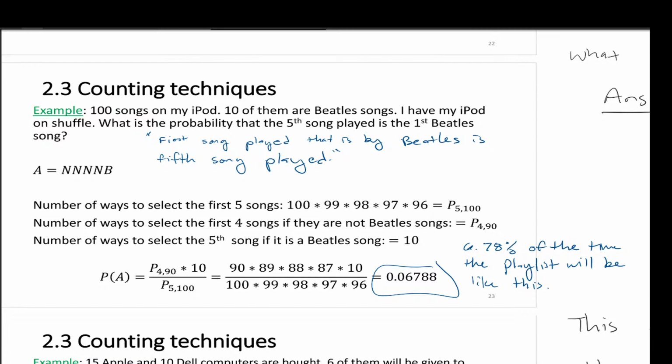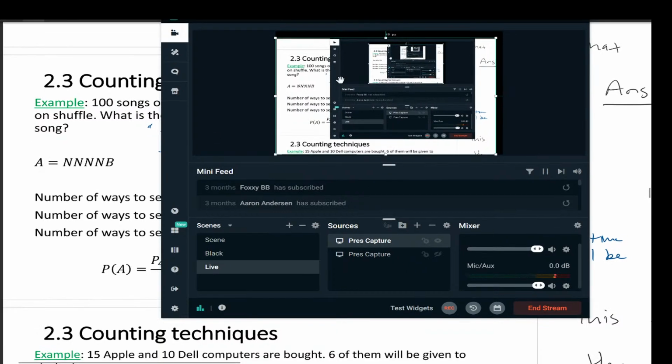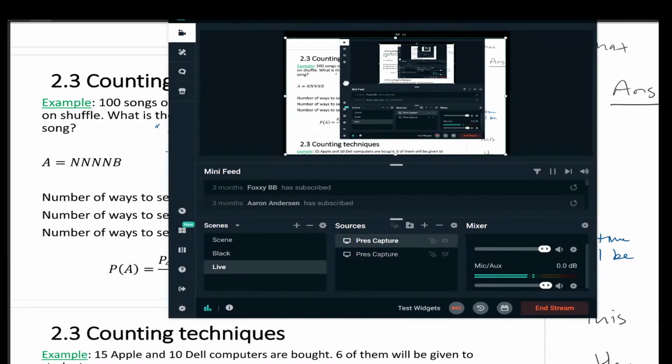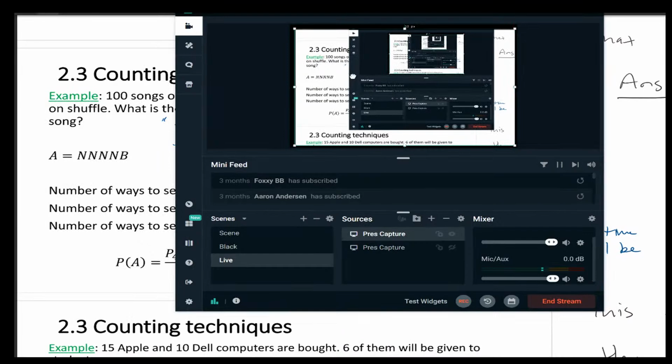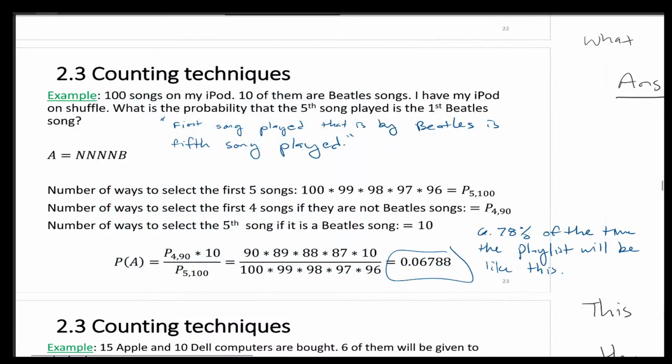I think I want to change something really fast. Okay. Any questions?